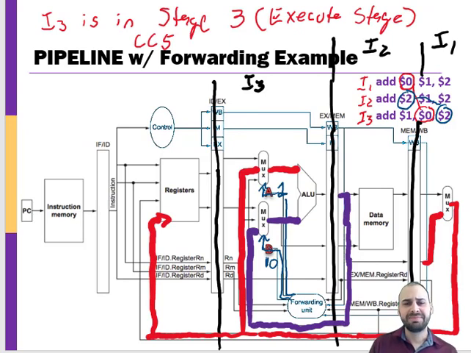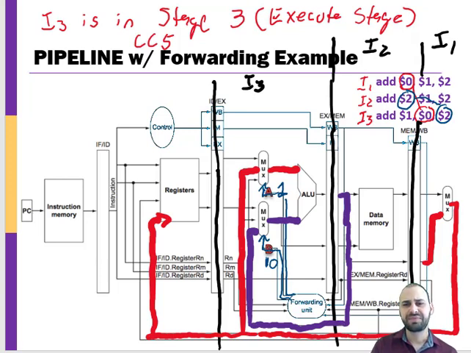If you understand that, I encourage you to rewatch it first of all, and really trace through. Remember a couple key things: think about where the information is, what stage in the pipeline we want to access it, as well as where it needs to go to have everything work correctly. Notice that the dependency with register 0 relates to instruction 1, which is in the write back stage, and it needs to go into the first input into the ALU for instruction 3, which is in the execute stage.